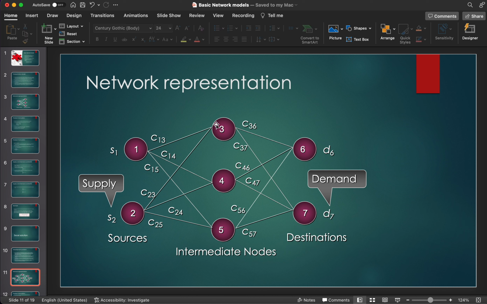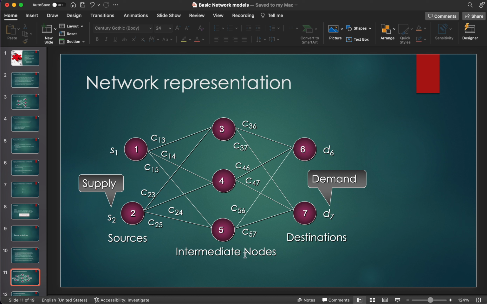And then you have transshipment locations 3, 4, and 5. And so materials will flow from supply location to transshipment location and from transshipment location to demand location. And the idea is to figure out which supply locations supply which transshipment locations, and then which transshipment locations then send the supply over to which demand locations.